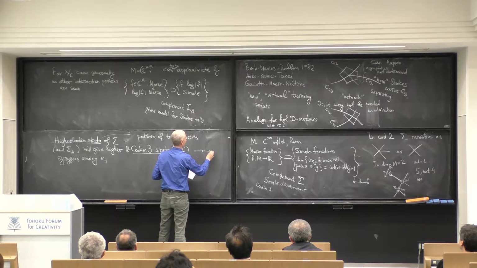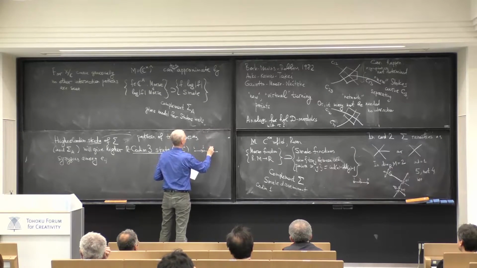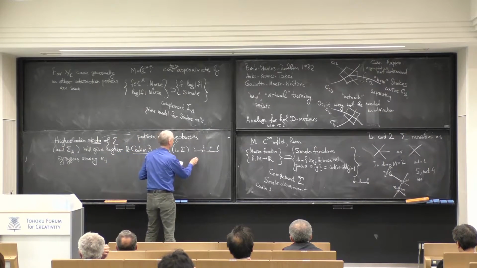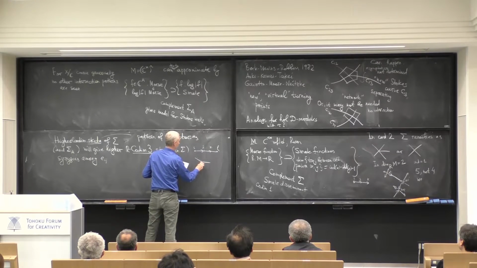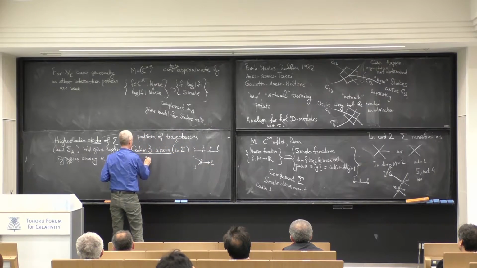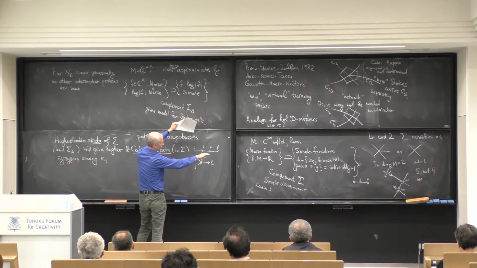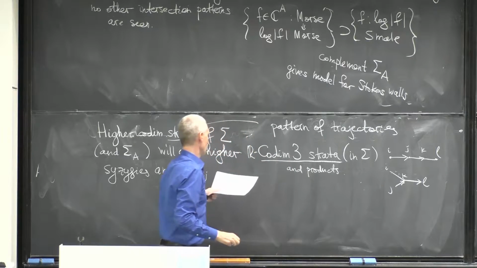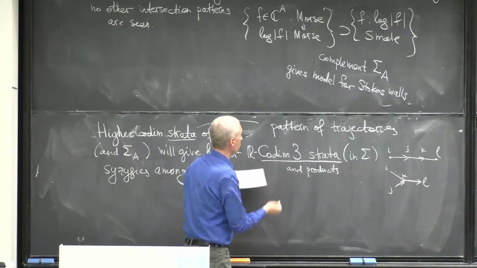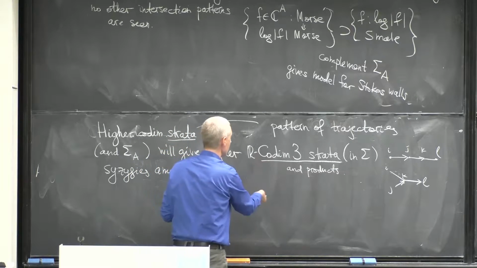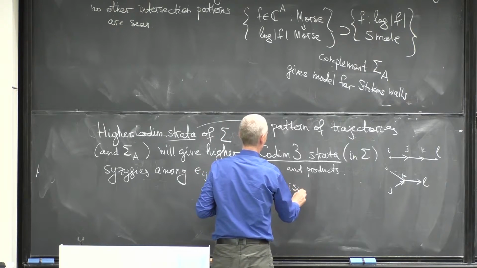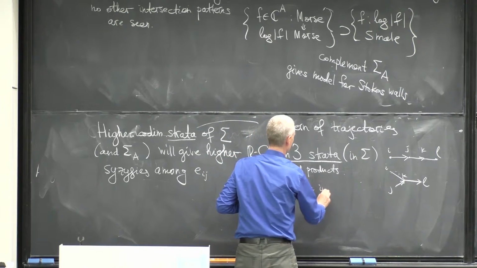The simplest pattern would be like this: I, J, K, L. So the codimension is the number of those coincidences. Or there will be a pattern like this: I, J, K, L. And products, also some products when two things don't interact. This will be visible in families with 3 real parameters or 2 complex parameters.